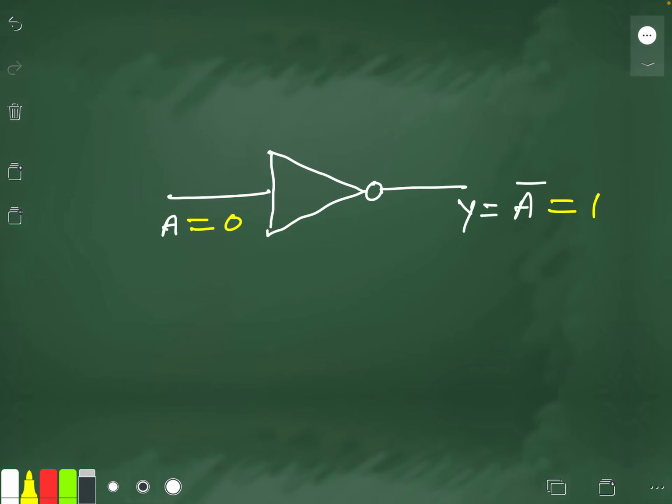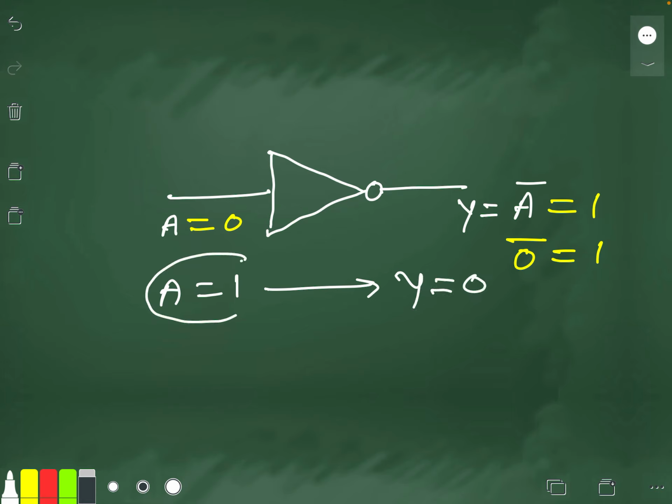This is quite clear, because A bar will become 0 bar, that will become 1. Now I am making A equal to 1. So what we expect is that Y should get 0.